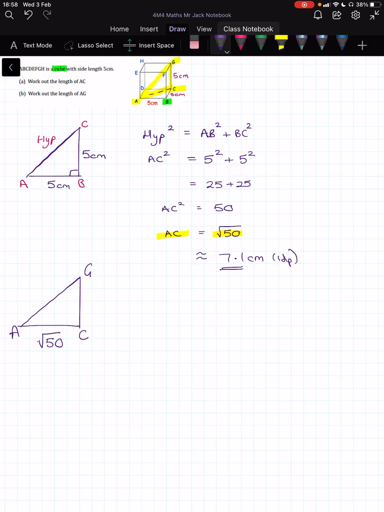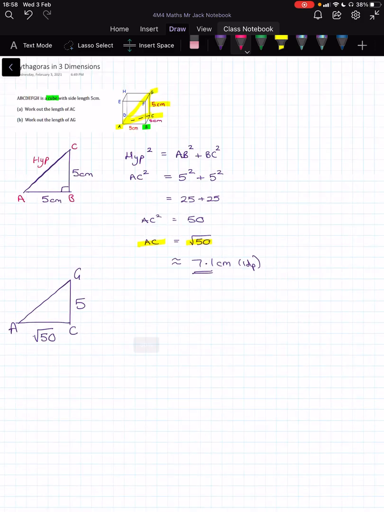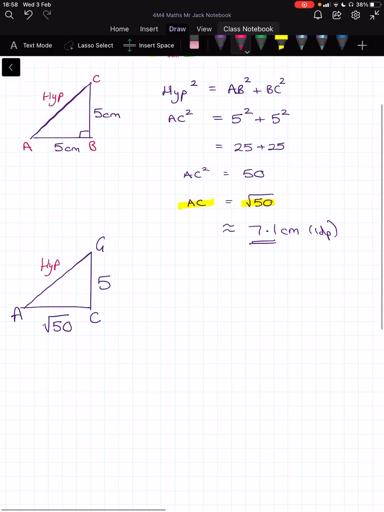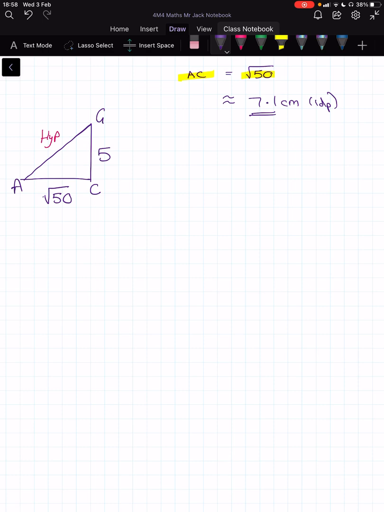From our diagram, we know that GC is 5 centimeters. That's that there. So let's pop that in there too. What we need to find out is AG. Now AG is that magic word, the hypotenuse there. I'm just going to move this up a little bit. Right, Pythagoras theorem, write it out.